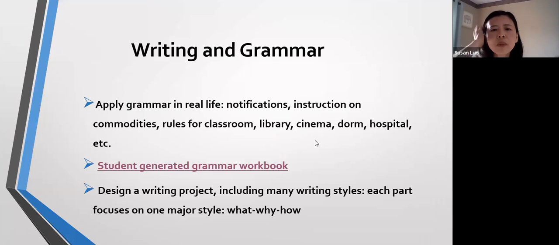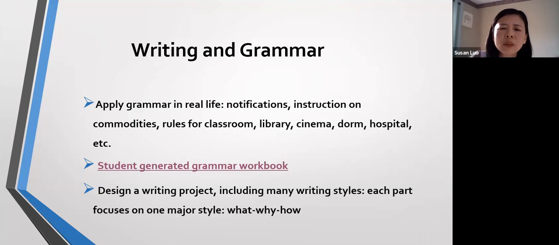The last one is about a writing project. I don't have a very specific writing project for you, but I encourage you to design your own project, including many writing styles. Make writing a long process, lasting a few weeks, and each week focus on one word.